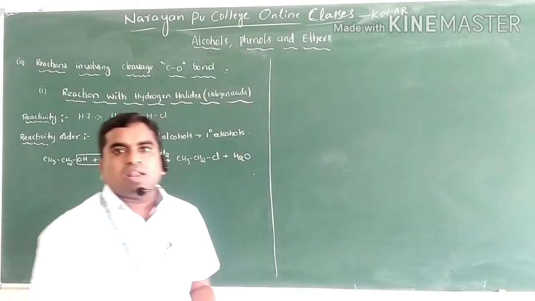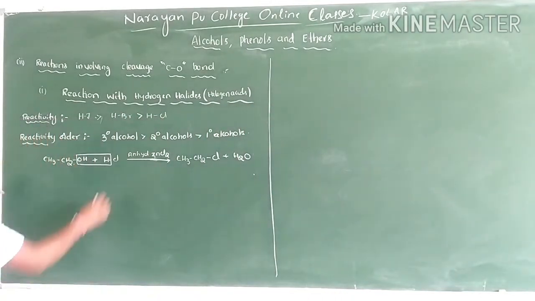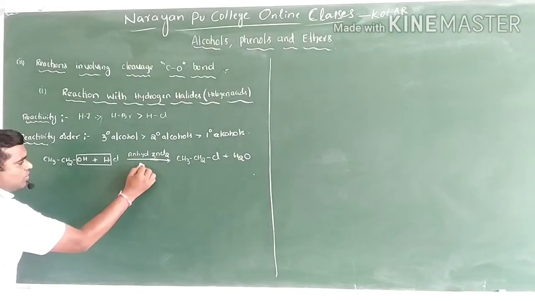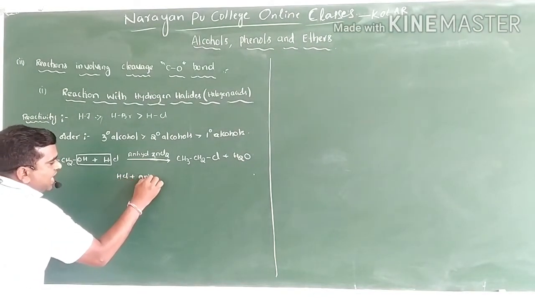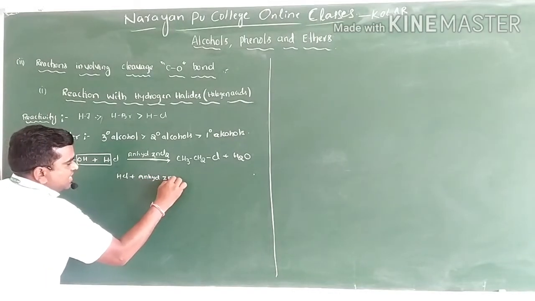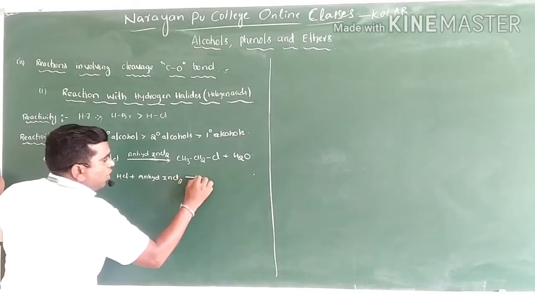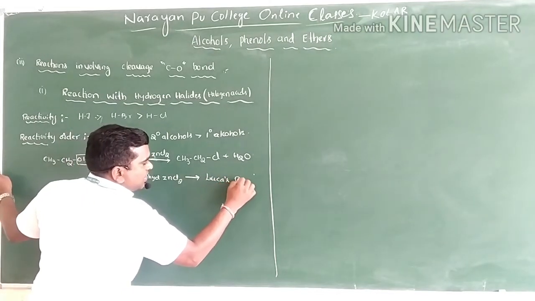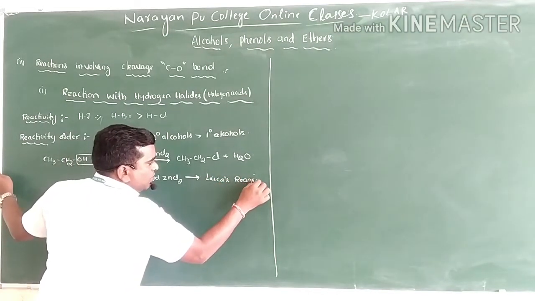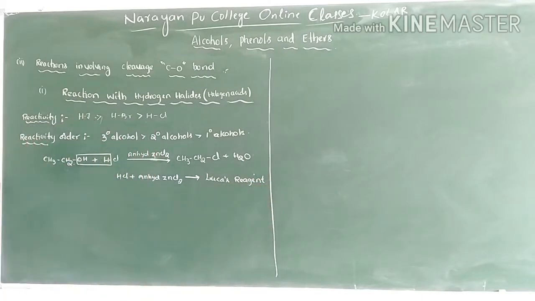The mixture of HCl plus anhydrous ZnCl2 is called Lucas reagent. Very, very important. You have to remember this.